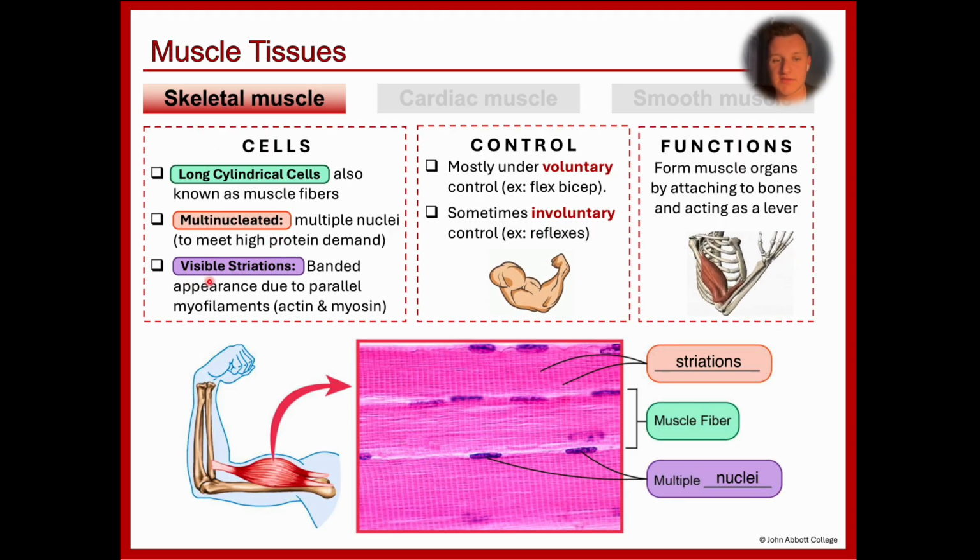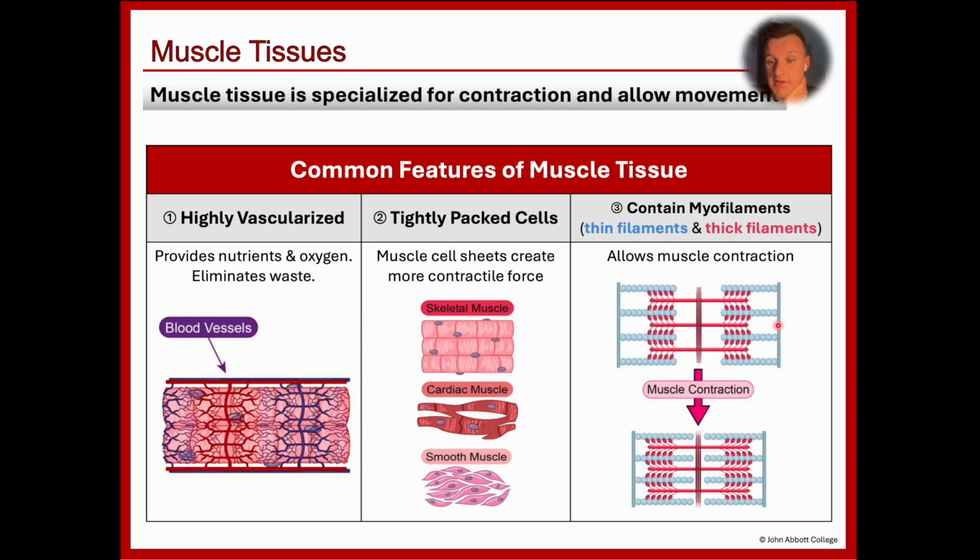These skeletal muscle cells have visible striations. Do you see that there's this zebra striping, dark band, light band, dark band, light band? This is a very typical thing for a skeletal muscle because the myofilaments, the actin and the myosin, the thin filaments and the thick filaments we talked about over here, are patterned in a very unique way.